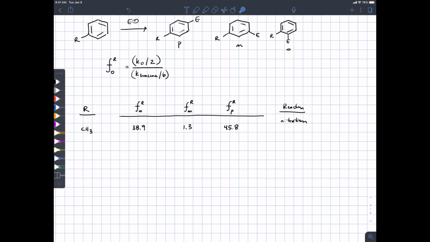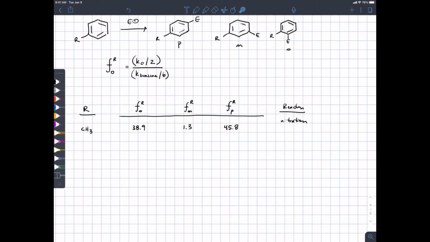Nevertheless, you can call it an ortho-para director because the rates are so much higher for para and ortho versus meta. So you've got two different things to think of when you're thinking about electrophilic aromatic substitution regioselectivity. Is it activating or deactivating relative to benzene? And then second, regioselectivity, is it faster at ortho and para versus meta?